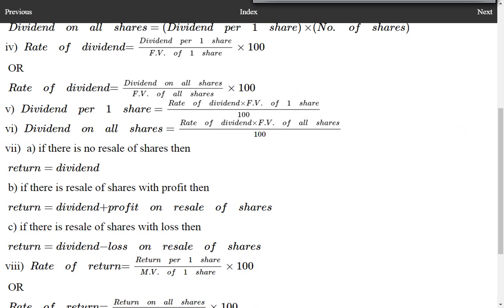Now we will see the return. Return is nothing but net profit that one gets. So return can be thought as net profit or net loss in case there is loss.